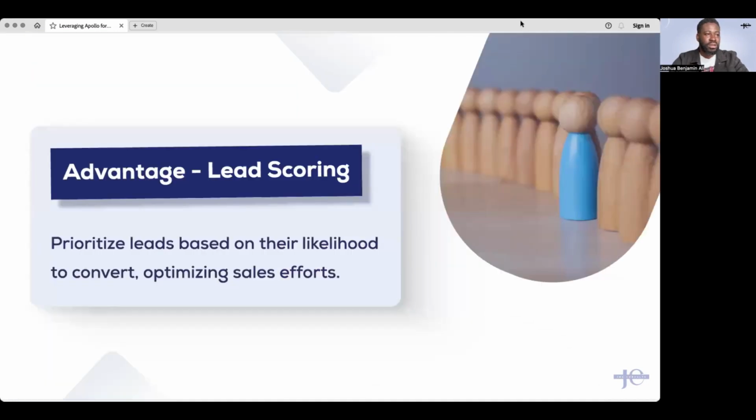The next would be lead scoring. So prioritize leads based on their likelihood to convert, optimizing sales efforts, which connects also with the enriching of the leads, because enriching the lead helps you understand that you have the right information for the customer. The lead scoring helps you understand who is likely to convert based on data that is already in their system.